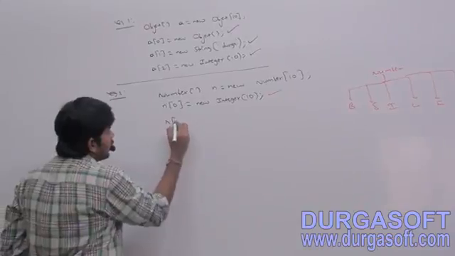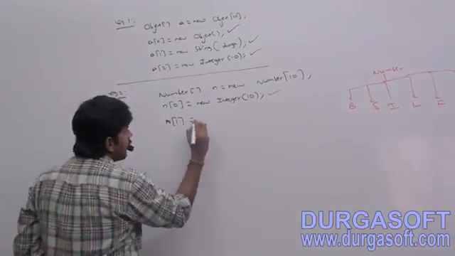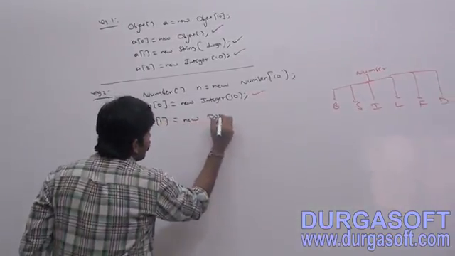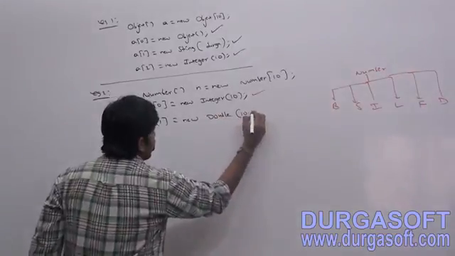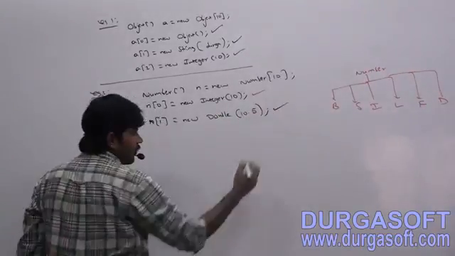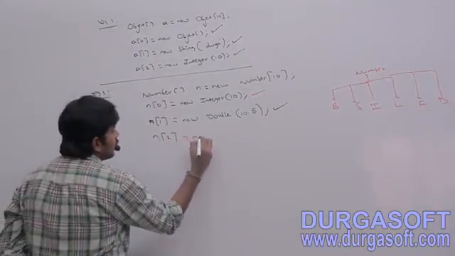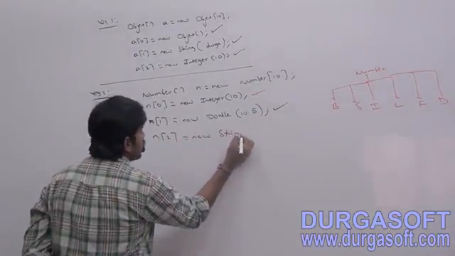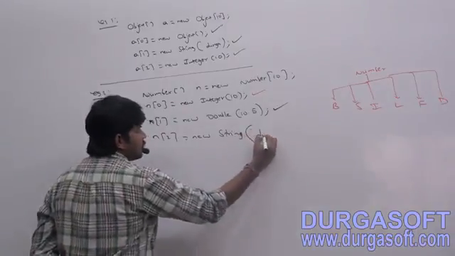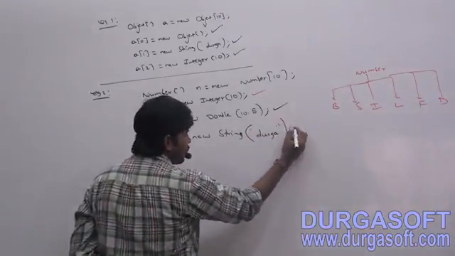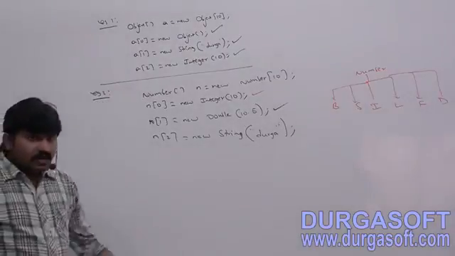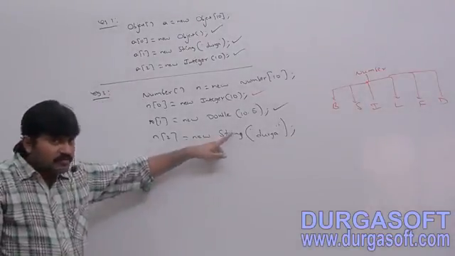N of 0 is equal to new Integer of 10 is valid because it is a child of Number, no problem. N of 1 is equal to new Double of 10.5. Valid because Double is a child. N of 2 is equal to new String of Durga. Is it valid or invalid? Invalid, because String is not a child class of Number.